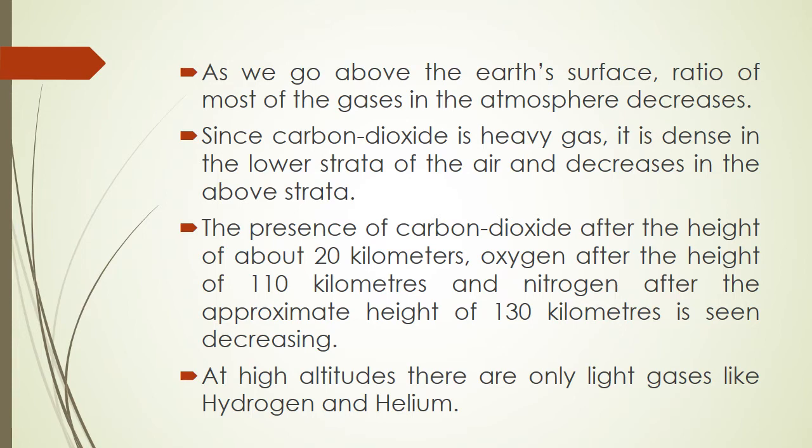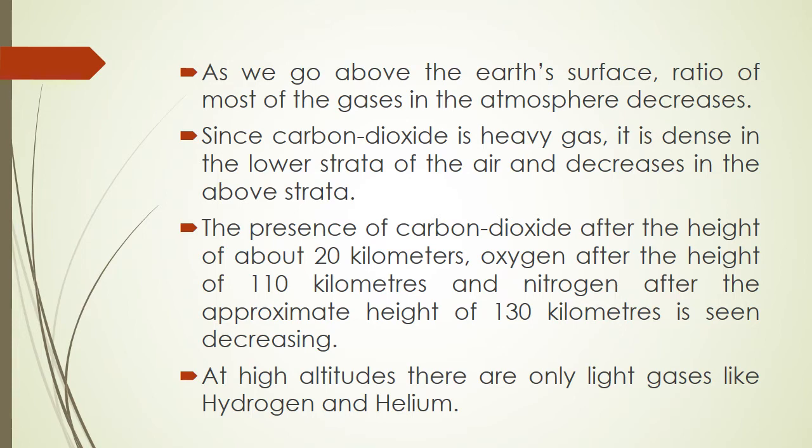It is dense, it is thick in the lower layer of the air and decreases in the above strata. Gases also have mass to it. So as carbon dioxide is heavy, it is thick in the below section of the air, and when we move above in the above layer, the carbon dioxide is less.